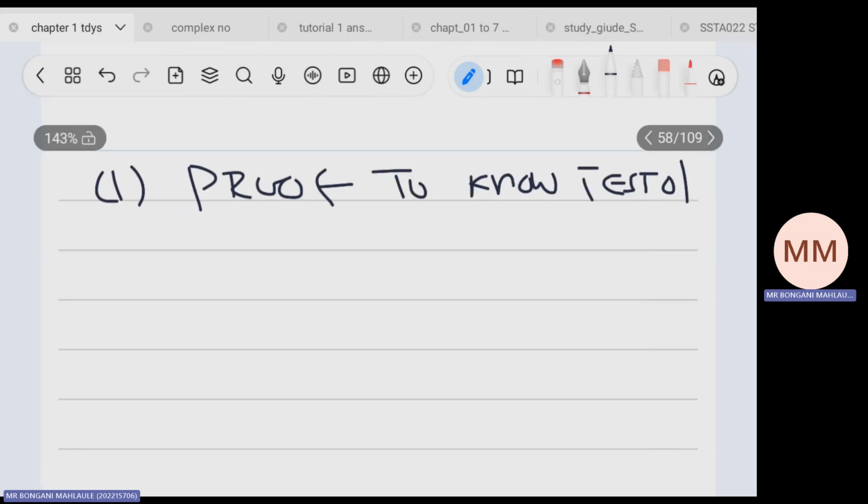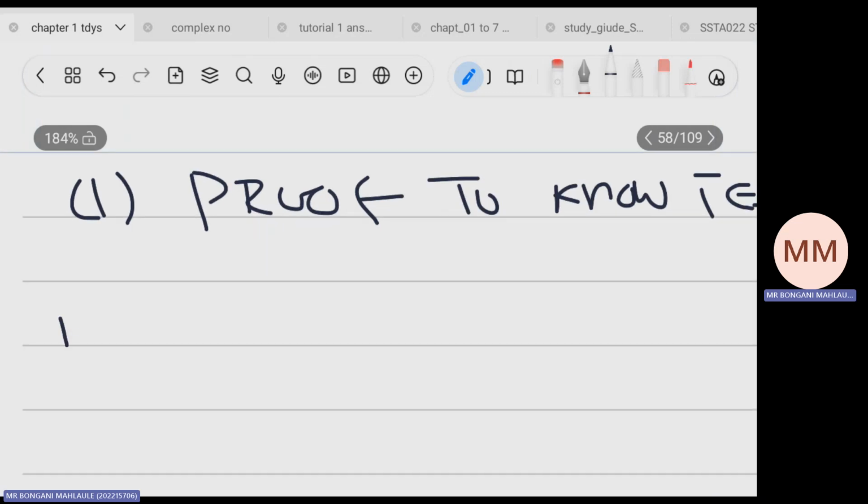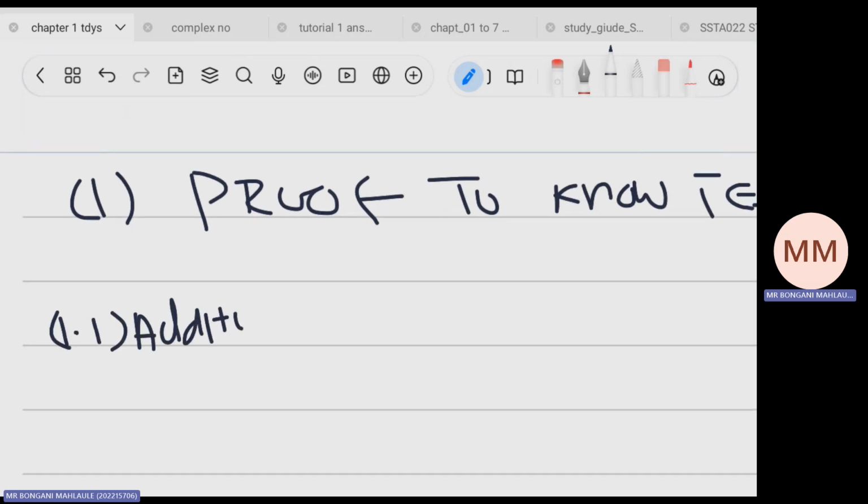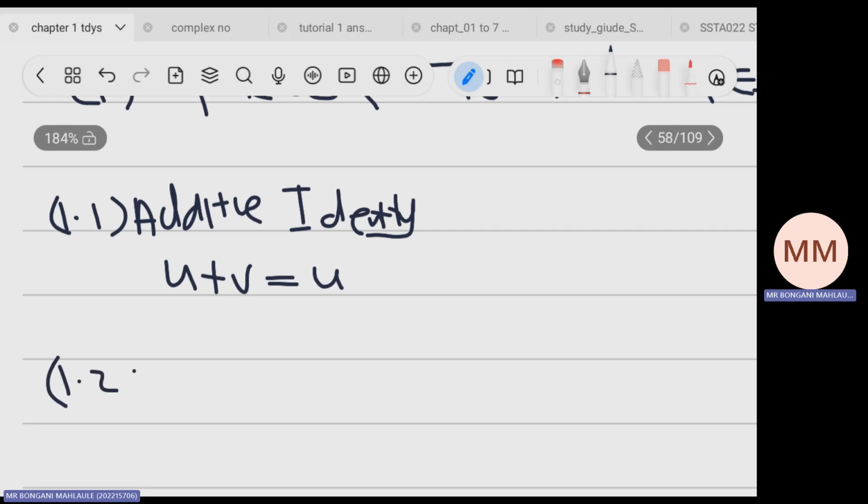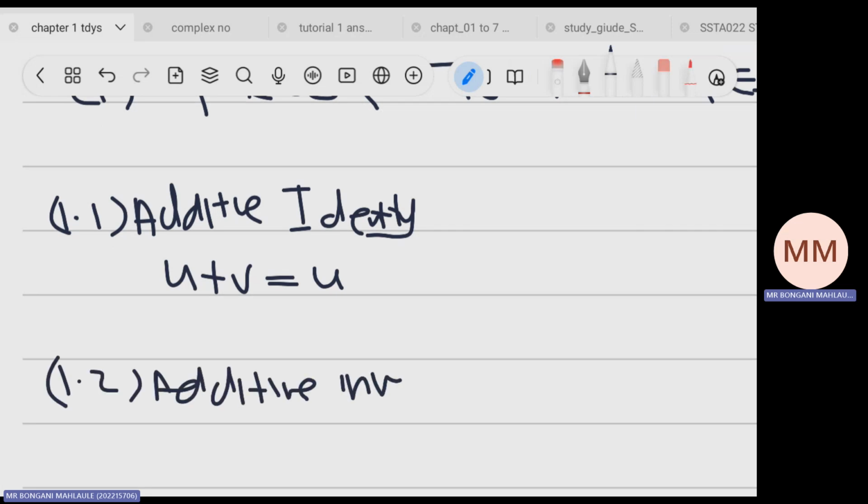The first one is the law of additive identity. U plus V must give you U. The second one is additive inverse.